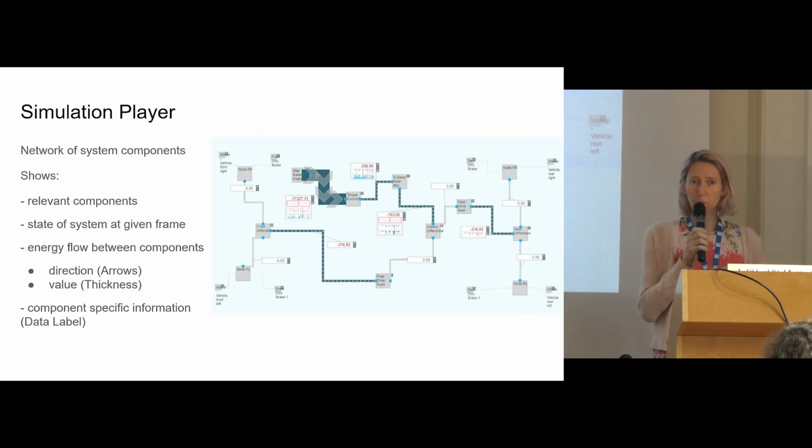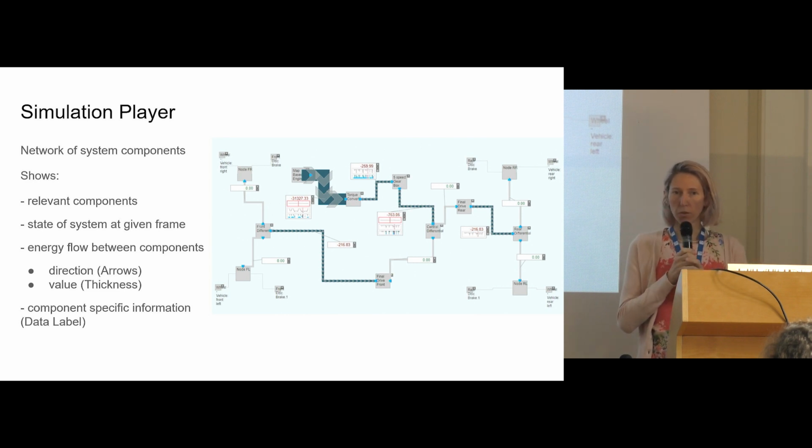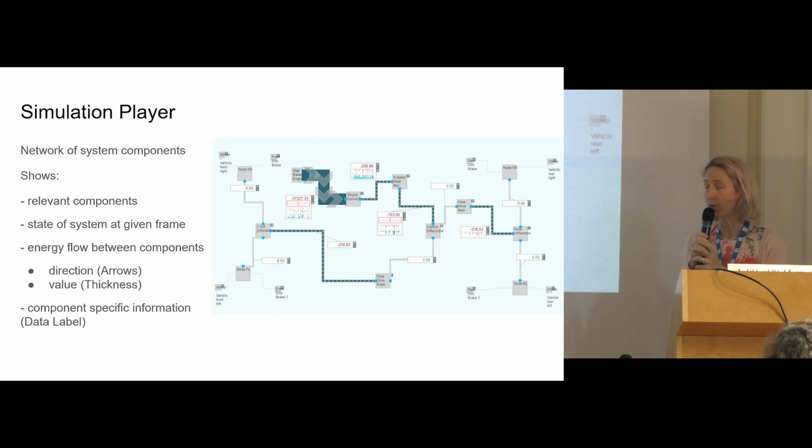The simulation player is all in all very similar to the software the engineers used before. We see the network of the components of the underlying system, and in between the flows. It shows the state of the system at a specific time point.